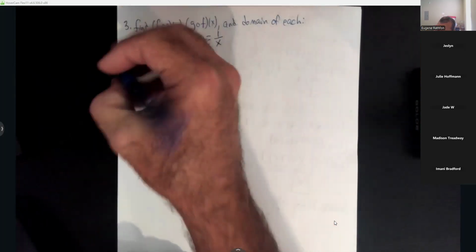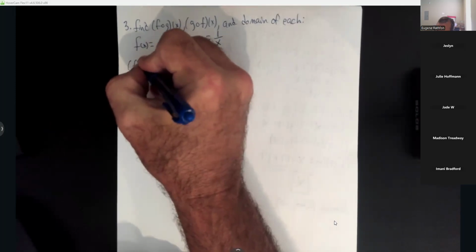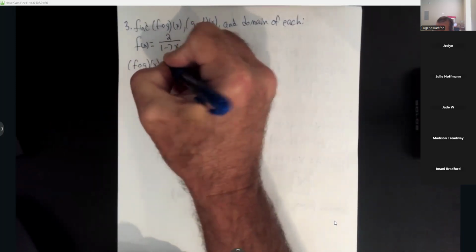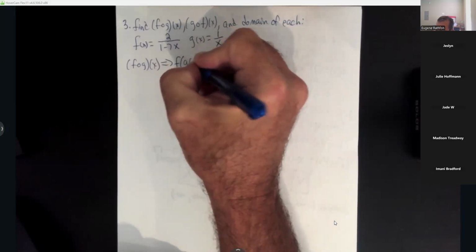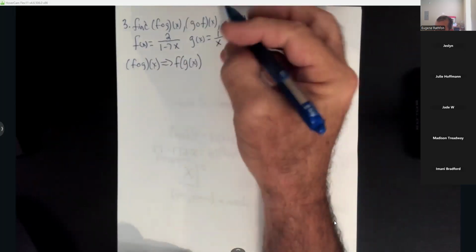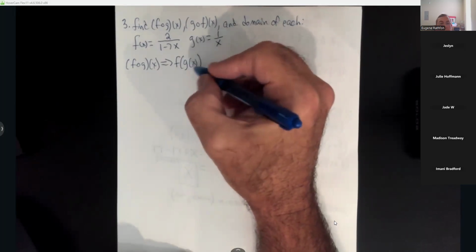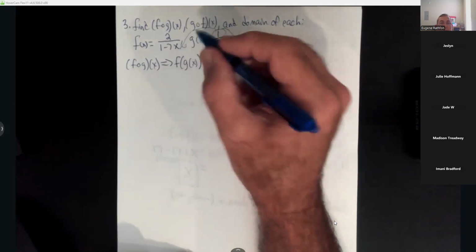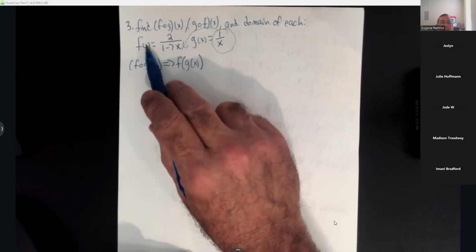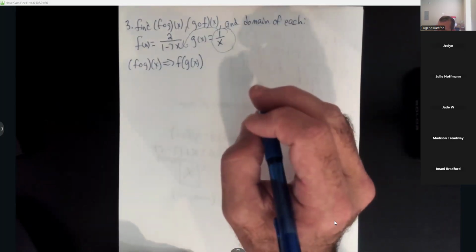So I'm going to start out with f compose g of x, which we said was like f of g of x. So since the g of x is the innermost function, we're going to take this g of x, 1 over x, and put it into the x on the f function. Okay?